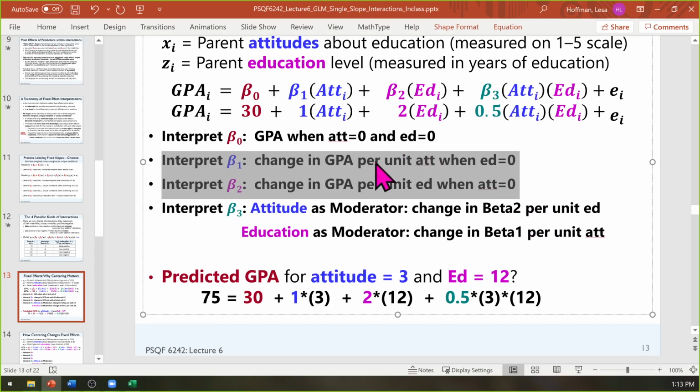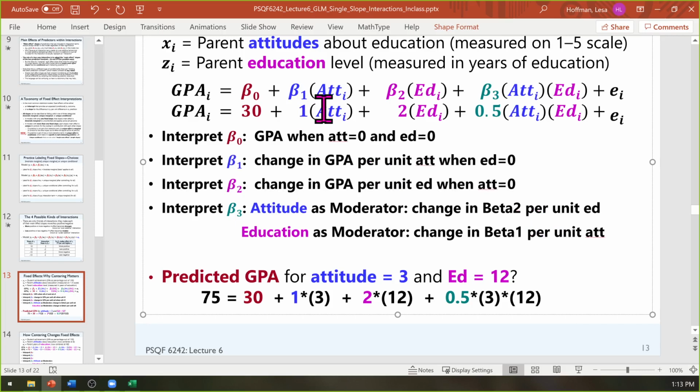Because let's say that we looked at this output and this slope of 1 was not significant. You might be tempted to say, oh, attitudes don't matter. If a slope is not significant, that means it's not related to an outcome, so colloquial language would be like, that doesn't matter, or is not different than 0. But that conclusion is overgeneralizing the situation.